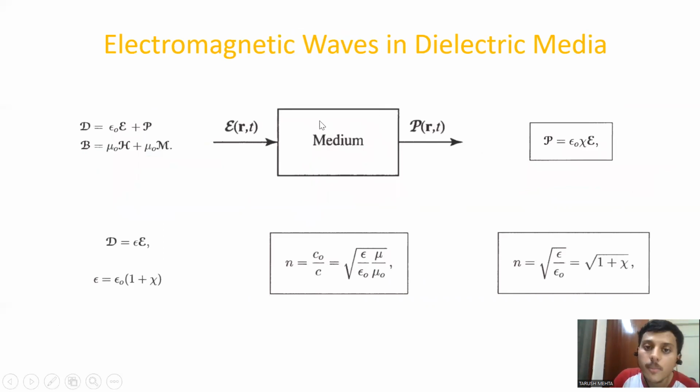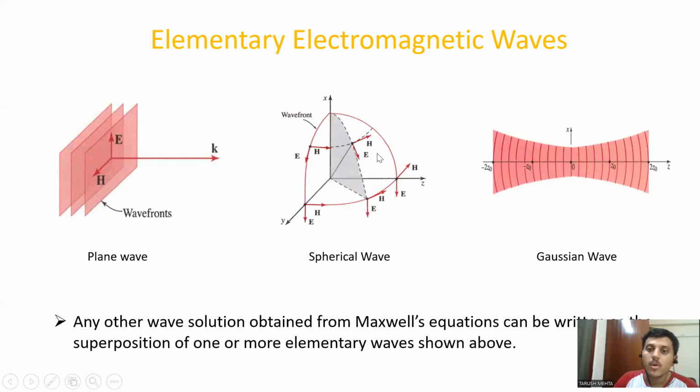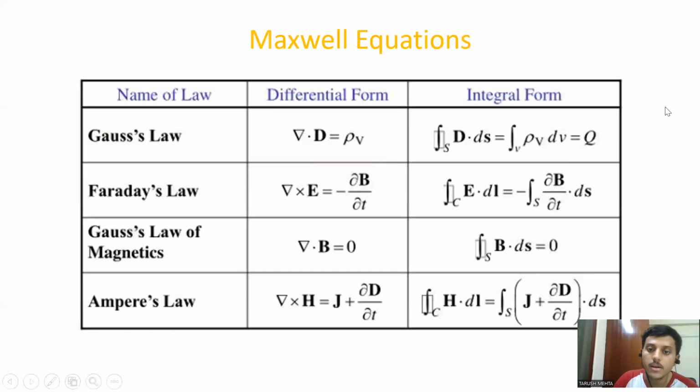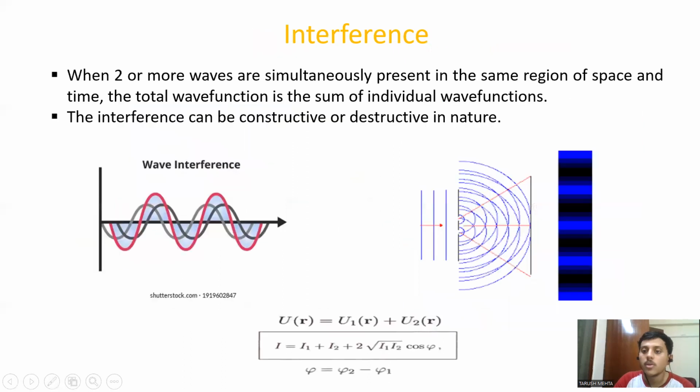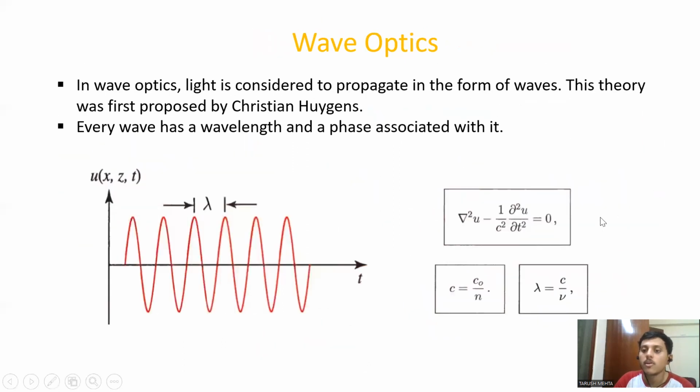Now, seeing the behavior of these electromagnetic waves. If we write these Maxwell equations in a source-free region where there are no sources, we get J equal to 0 and also rho v equal to 0. Then by solving these four Maxwell equations, we get an equation similar to the Helmholtz equation, but U will be replaced by the electric field and magnetic field.